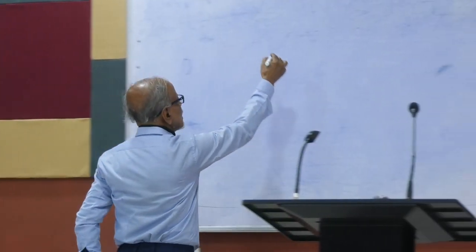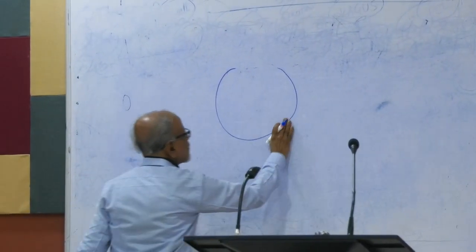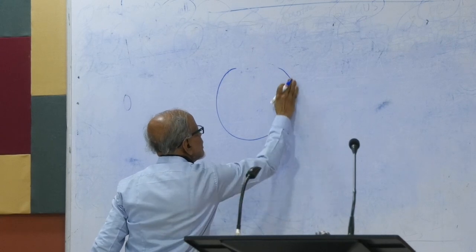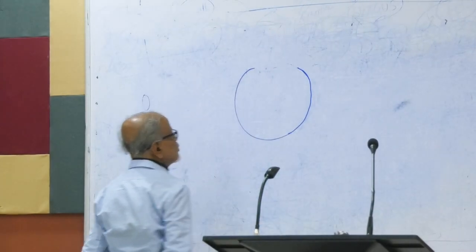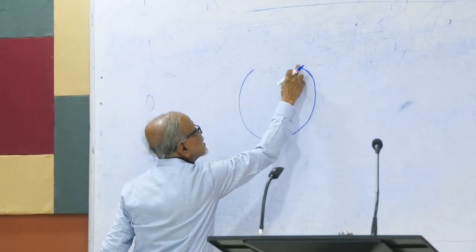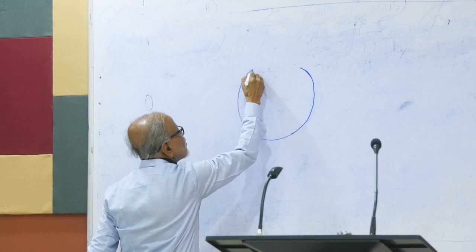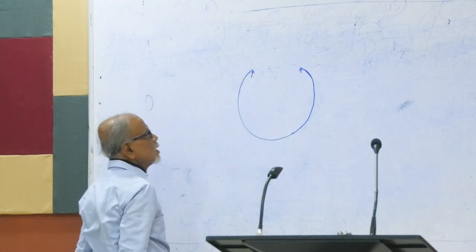That means, if this is the neural tube, this is the forming neural tube, not yet formed. These are the neural folds.